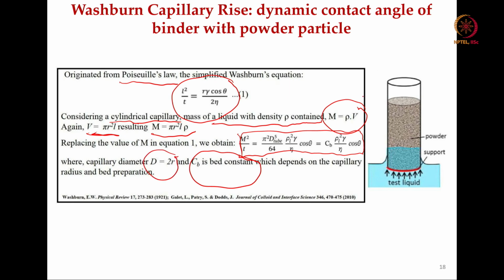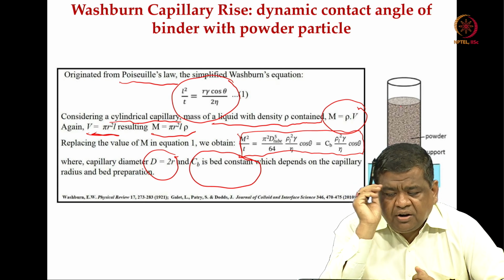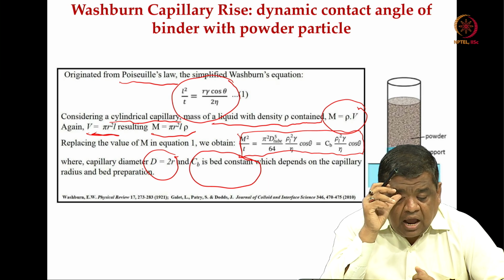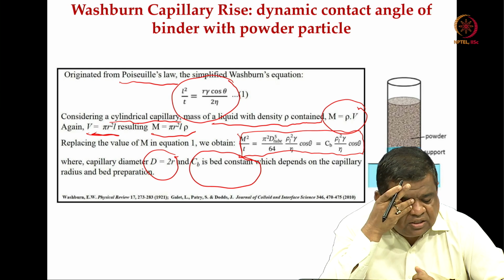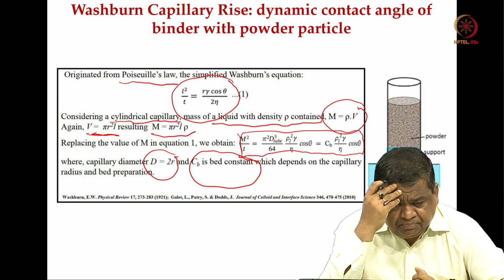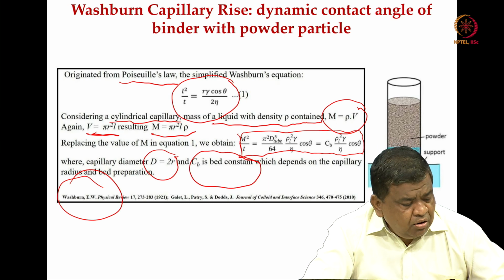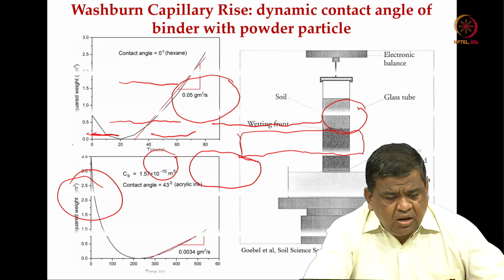So, this is the schematic that has been shown, where the test liquid is essentially travelling upward through this powder bed. Now, we are trying to find out how this capillary infiltration takes place and what the time scale of such infiltration is. The original paper of Washburn was published in Physical Review more than 100 years ago, in 1921.